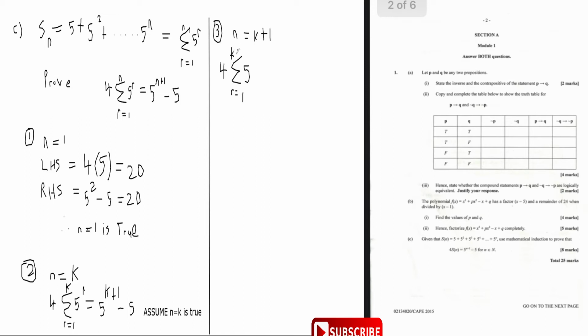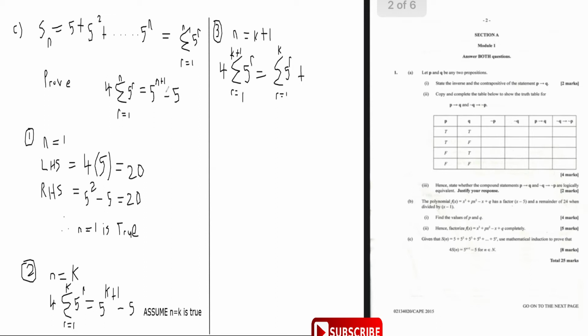So it's 4 times the sum from r equal 1 to k plus 1. That's going to be equal to the sum from r equal 1 to k of 5 to the r plus the k plus 1th term.